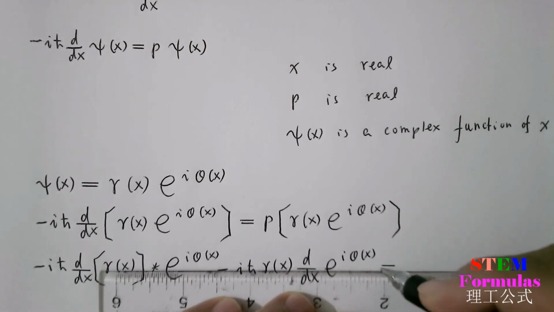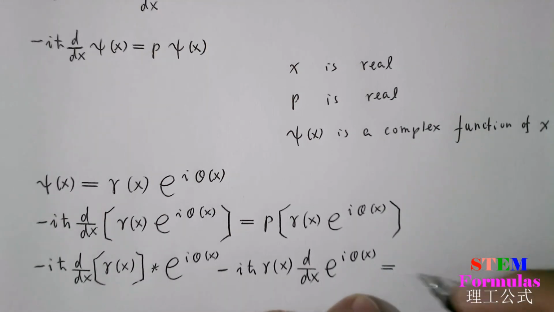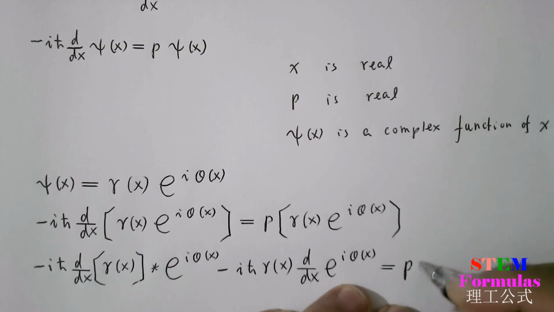On the right side equal p r of x e to the i theta of x.